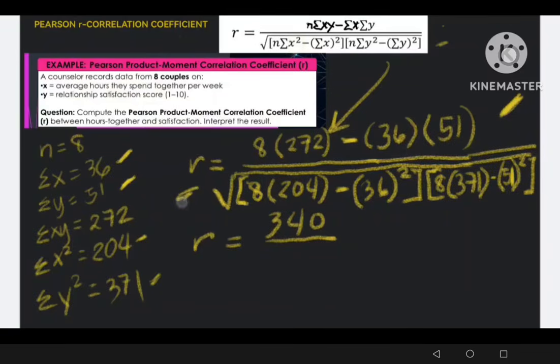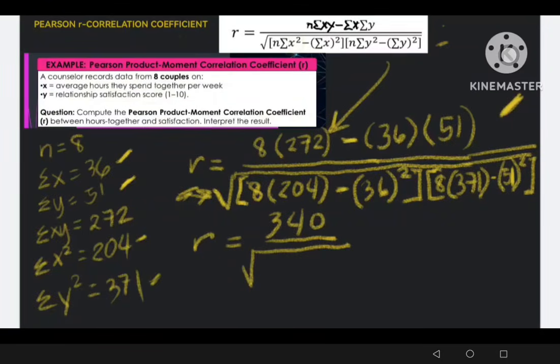Now the lower side, the square root of something. To be sure, don't include the square root; just solve what is inside the square root. So we have open parenthesis, 8 times open parenthesis 204, close, minus open parenthesis 36, close, to the power of 2, and then close parenthesis.